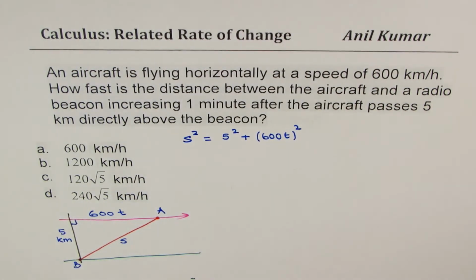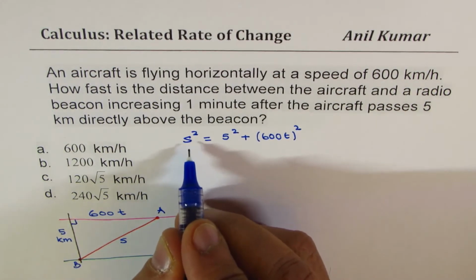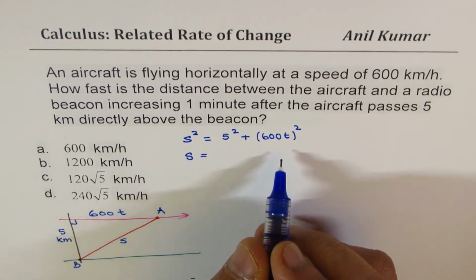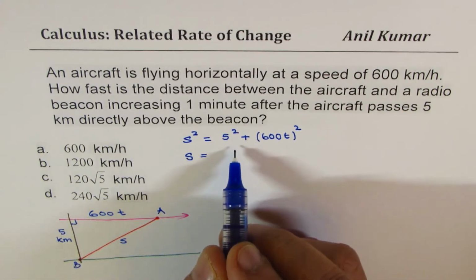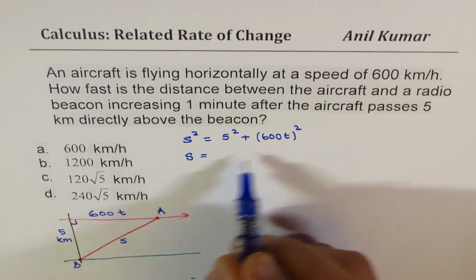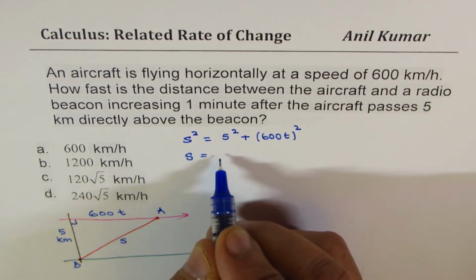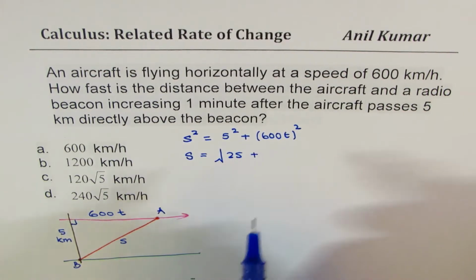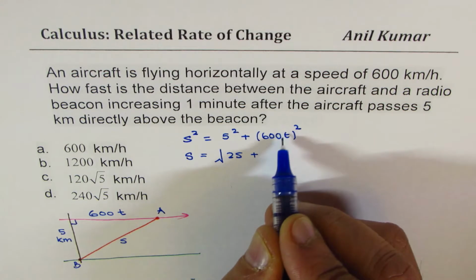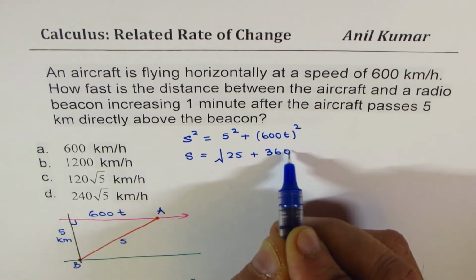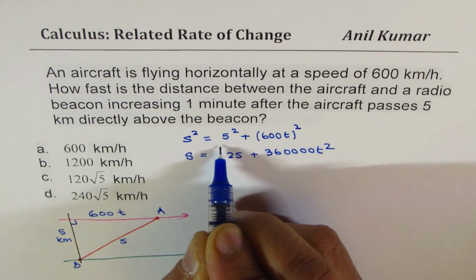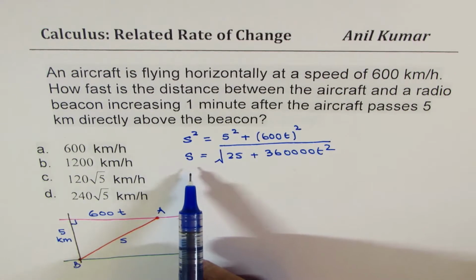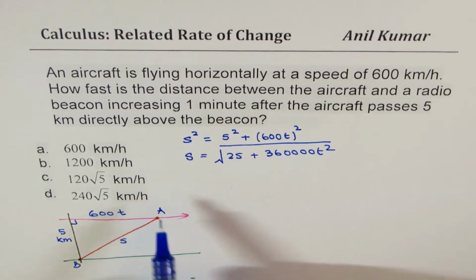Now this is the only example where I'll be writing what S is in terms of t and then implicitly defining the relation for others, but here we will be explicitly writing the equation in terms of time for separation S. So it could be written as square root of 25 plus 360000 t square. So we get a relation explicitly of separation with respect to time.